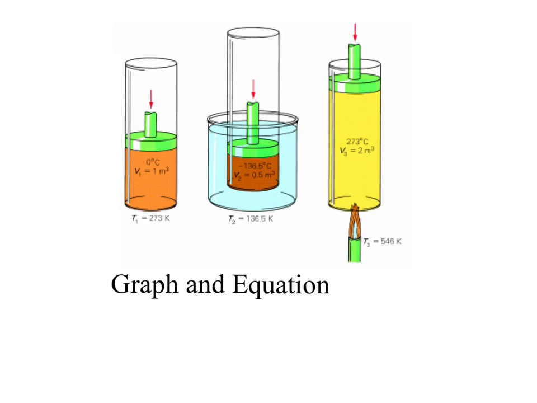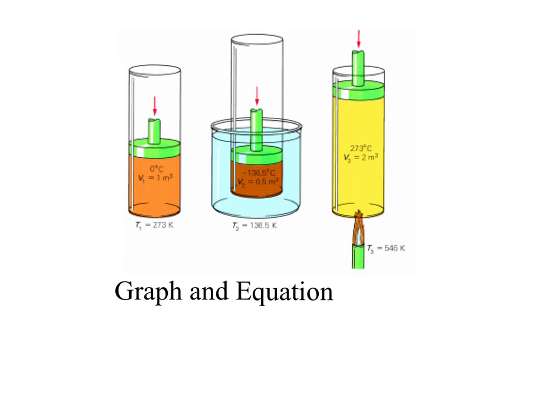Or we heated this one up on the end. 273 Celsius is 546 Kelvin. So look what's happening to the volume as we increase the temperature. It is increasing, which is a direct relationship. So here, as we increase T, we wind up with an increased volume.